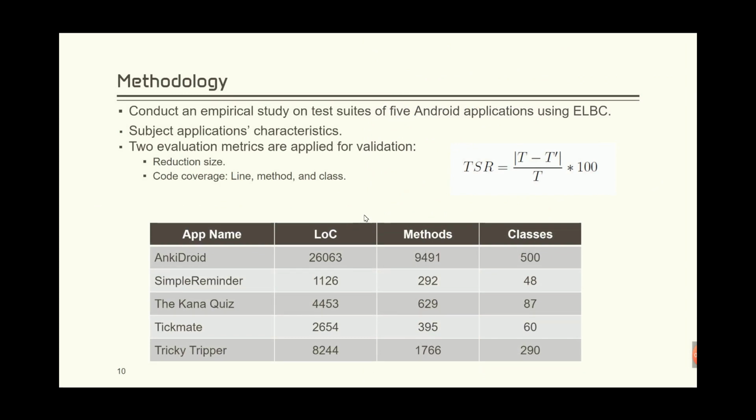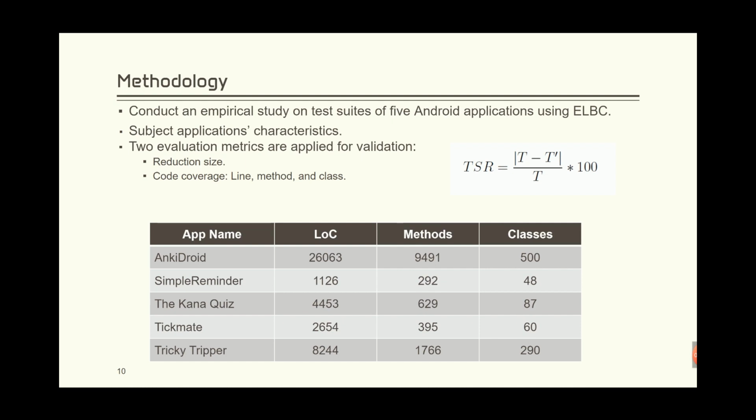Let's move to the methodology. This slide shows the experimental setup of this study to observe whether ELBC can potentially reduce the test suite generated by reinforcement learning, SARSA, for each software under test, and to what level it maintains the code coverage.